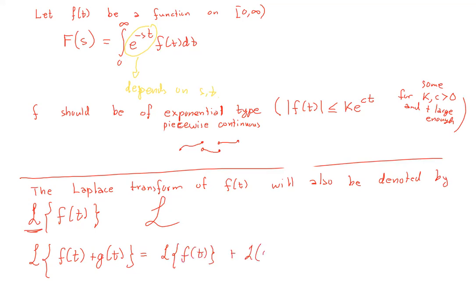Differentiation and integration do have these properties, as we should all remember. And also, if you feed it a scalar multiple of a function, you will get back the same multiple of the corresponding Laplace transform. So these two properties tell you that the Laplace transform is linear.